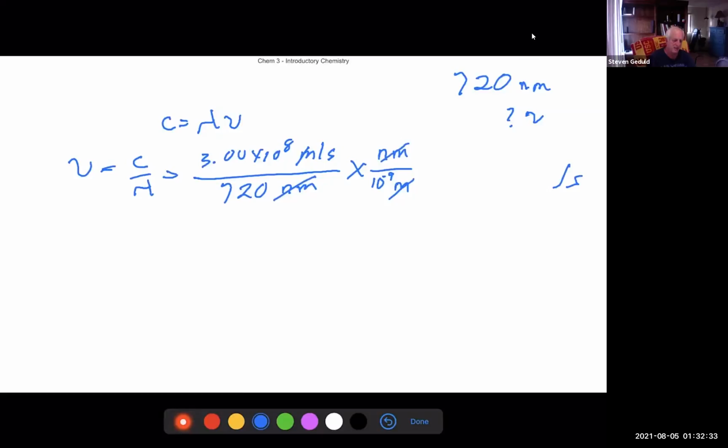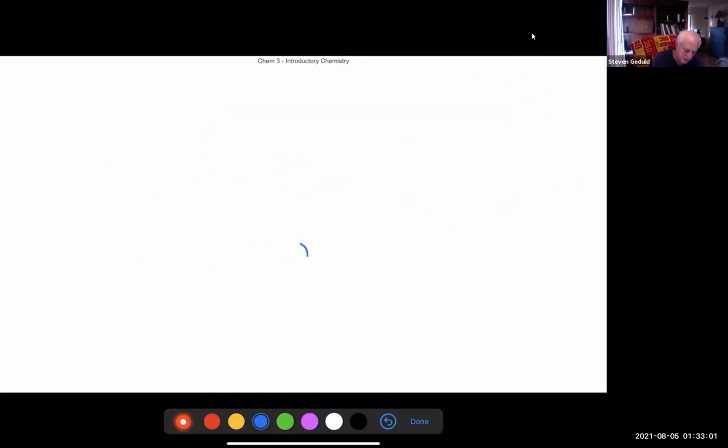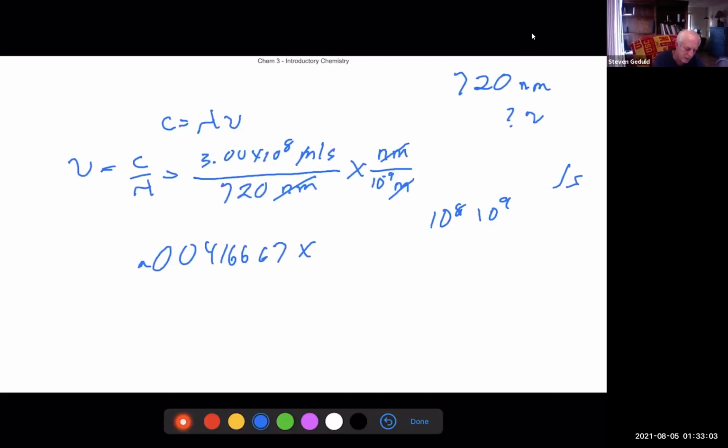So doing the math part, we would do 3 divided by 720, and that comes out to 0.004166, and then we have 10 to the 8th. We bring the 10 to the minus 9 out, it becomes 10 to the 9th, so that becomes 10 to the 17 per second.